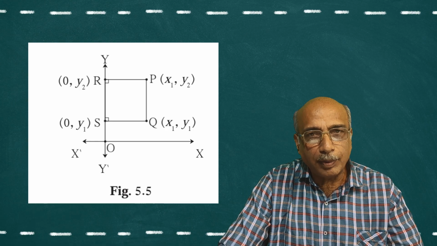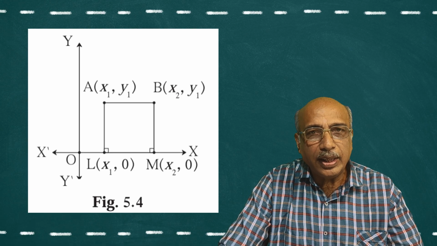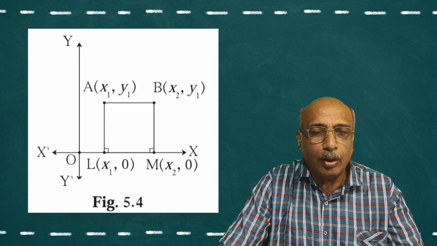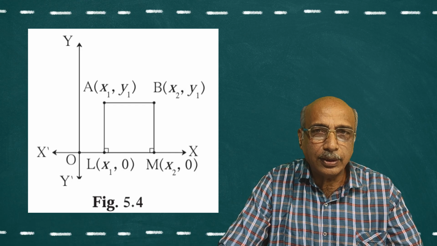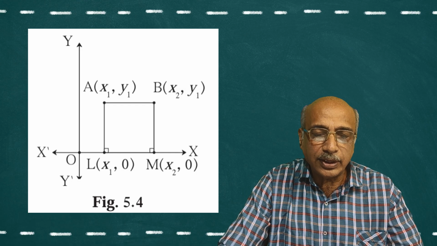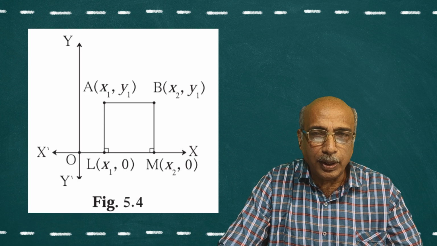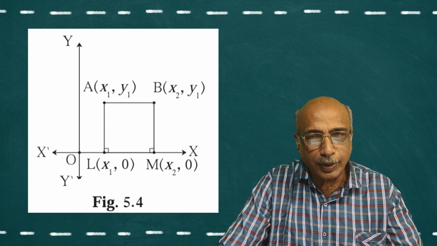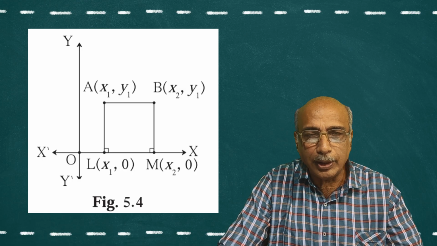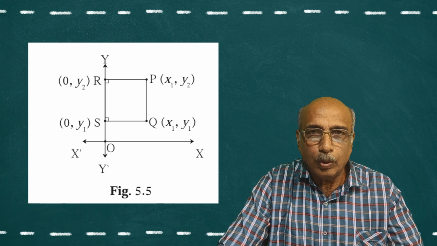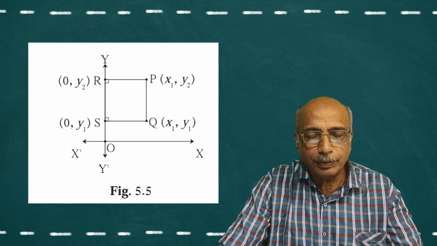So here you might have understood that if a segment is parallel to x-axis, then the distance of line AB will be x2 minus x1, and for segment PQ, if it is parallel to y-axis, then it will be y2 minus y1.